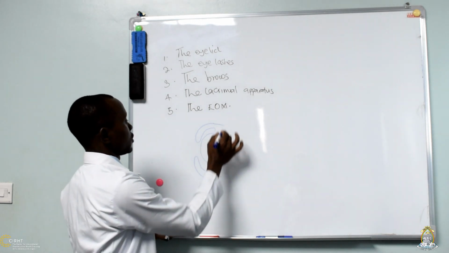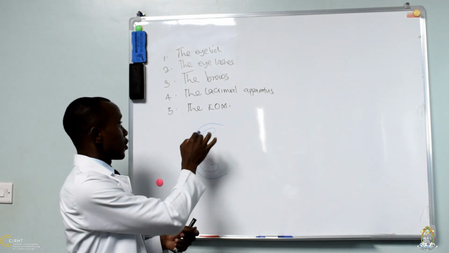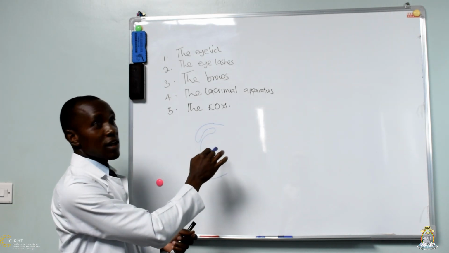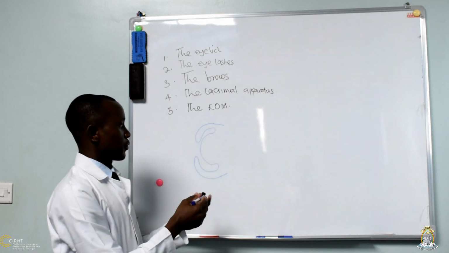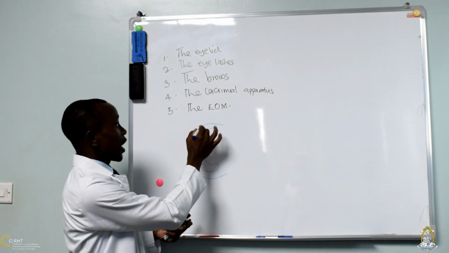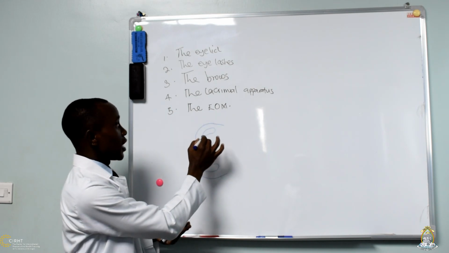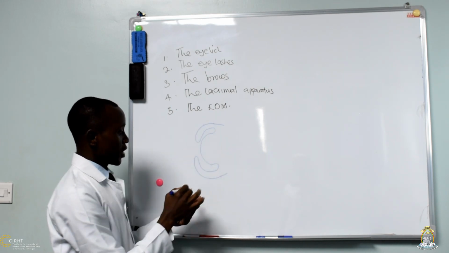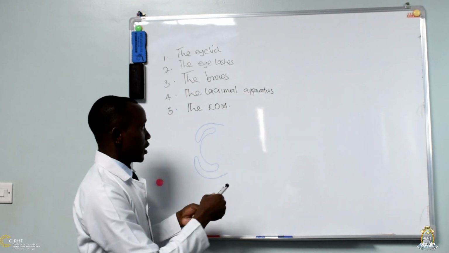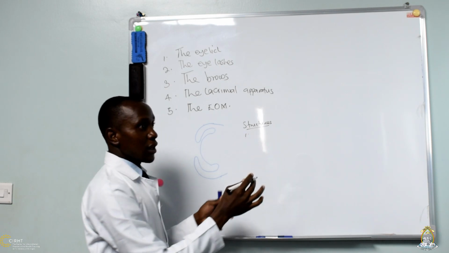The eyelid is made up of a fold of skin which covers the eye anteriorly. Externally, it is made up of skin, and internally we have the palpebral conjunctiva.